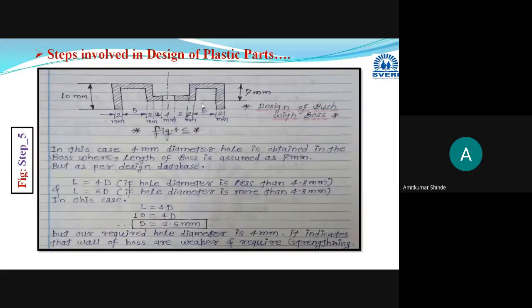From this diagram you can clearly see that as we have considered 7 millimeter height, then two parting lines will be there. One parting line will come at this surface and one parting line will come at the bottom.